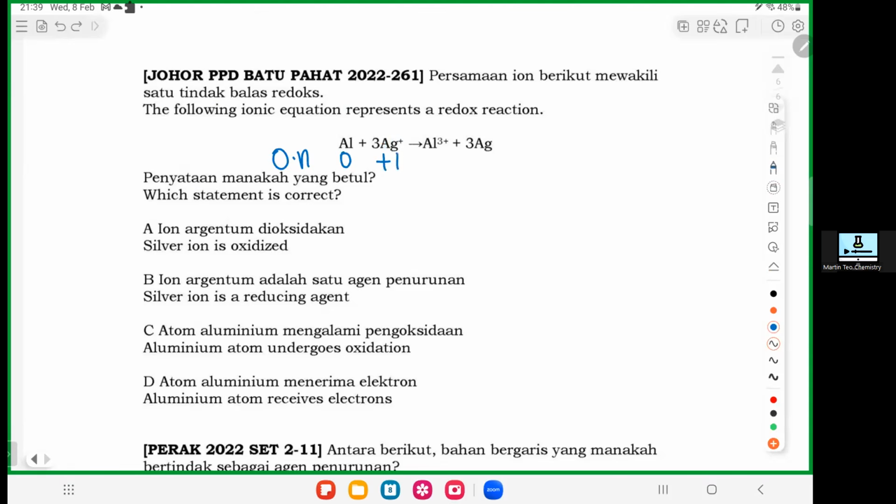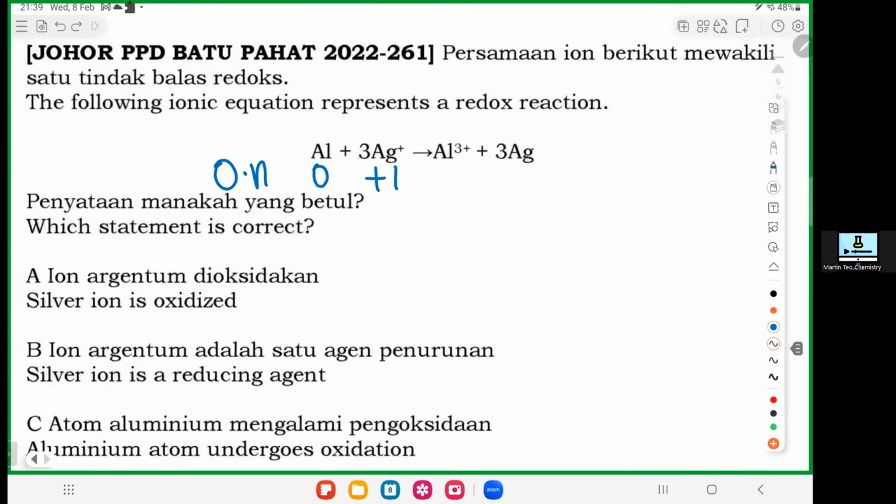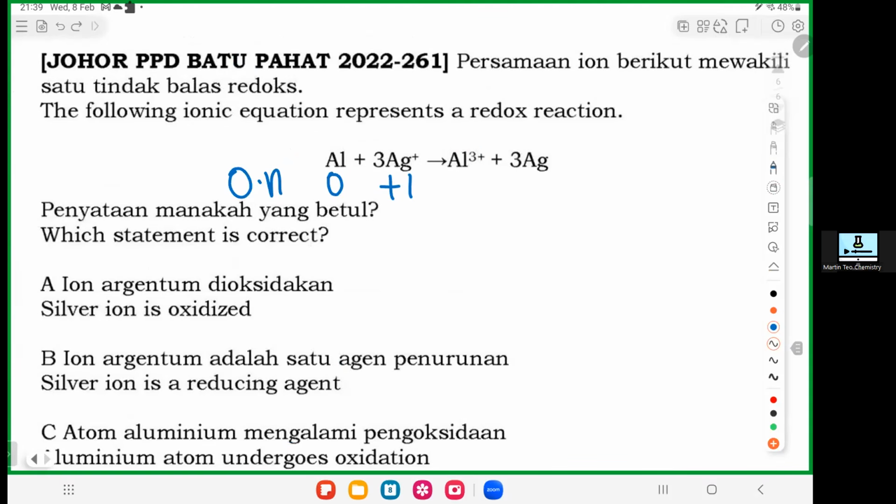All the numbers in front are only for balancing purposes. Then aluminium Al3 plus: it has a charge, so it's an ion, and the oxidation number copies the charge of the ion, +3. The last one, Ag: it is one species only, so it's an element, and the oxidation number is 0. I hope everyone knows how to do it.